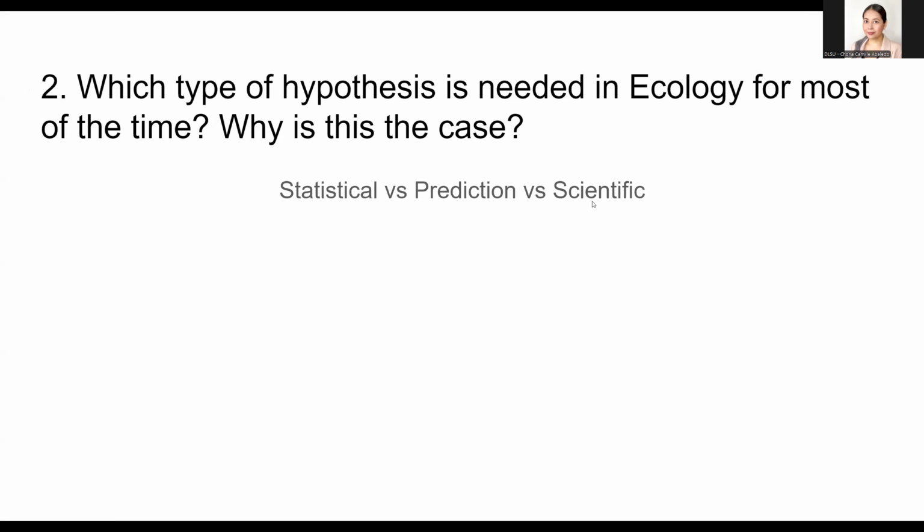If you were paying attention to our pre-lab for exercise 2, we emphasized that the scientific hypothesis is very much needed because the primary goal of ecology is for you to develop the skills needed to look for the most possible explanation to the phenomena that we are observing.